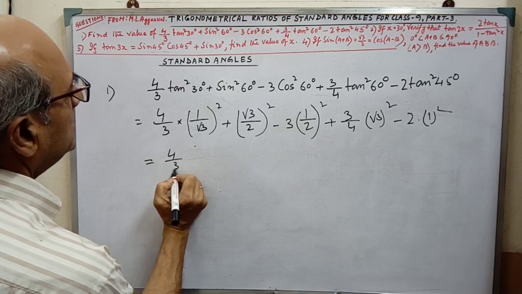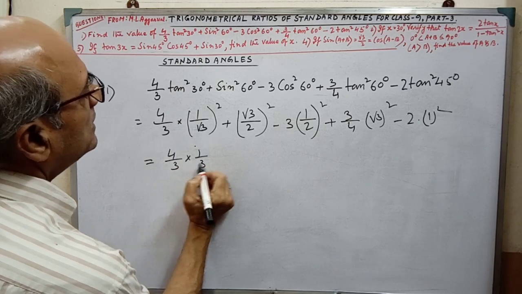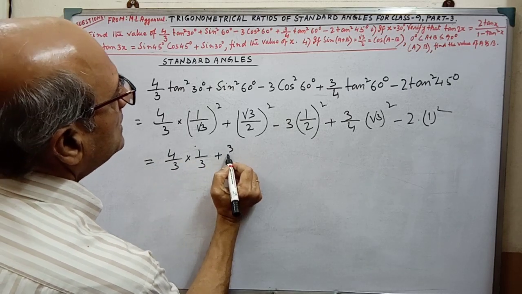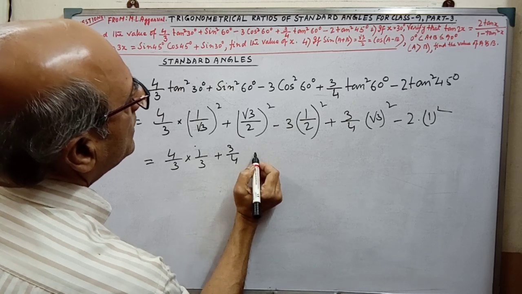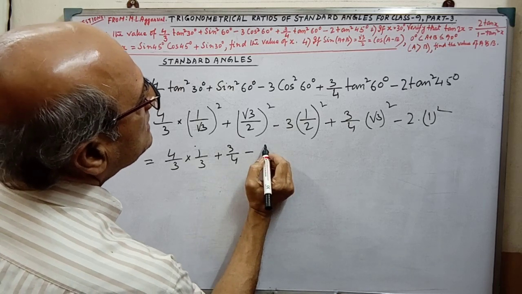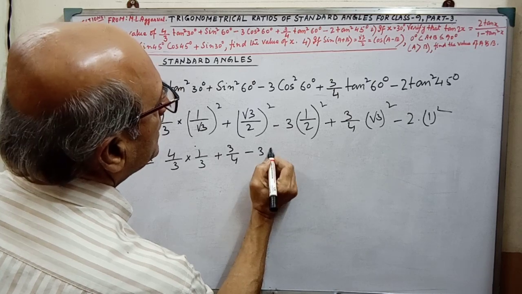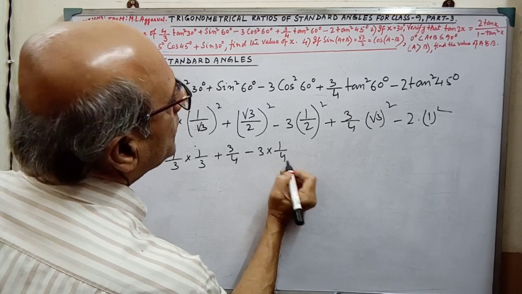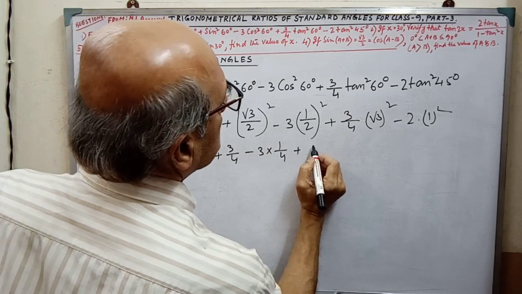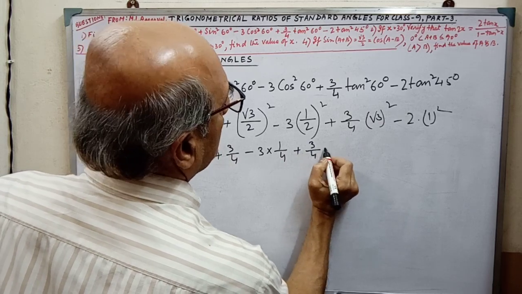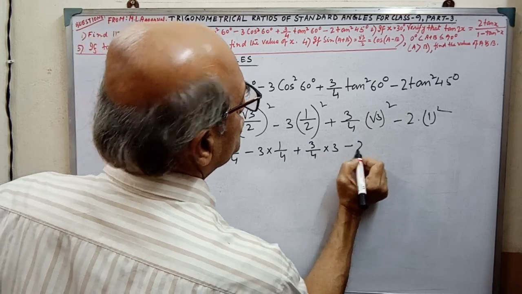4 by 3 into 1 by 3 plus 3 by 4 minus 3 into 1 by 4 plus 3 by 4 into 3 minus 2.